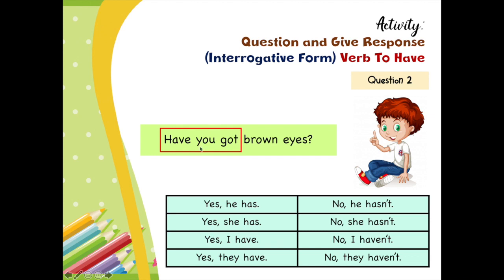Based on the table that we learned before, you have to change it into I. So it's either yes, I have or no, I haven't. Look back at the eyes here. Have you got brown eyes? These are not brown eyes, they are green. So the answer is no, I haven't.